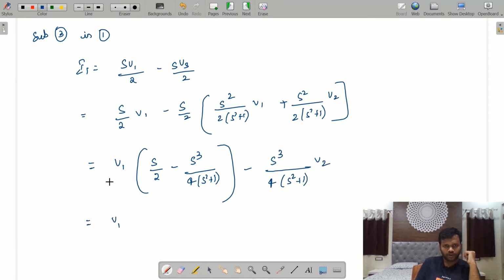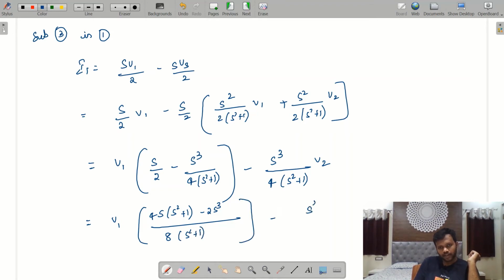Okay, so if you solve it, V1 into what we are going to get? V1 into 4 S cube, 4 into S into S square plus 1 minus 2 S cube divided by 8 S square plus 1, minus S cube divided by 4 into S square plus 1 into V2.